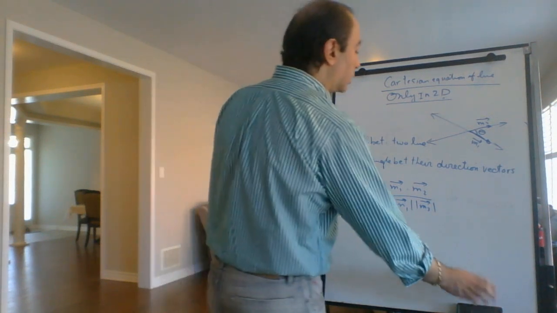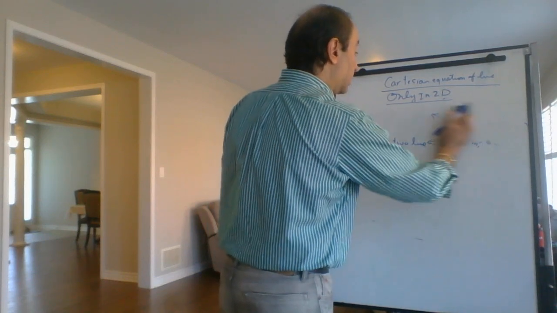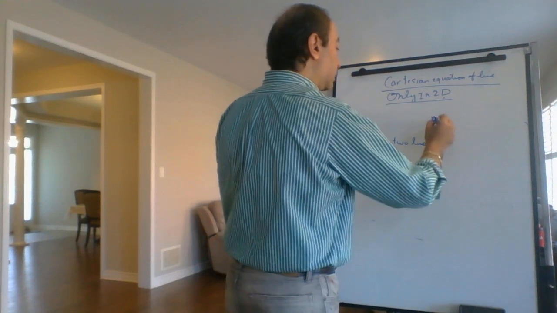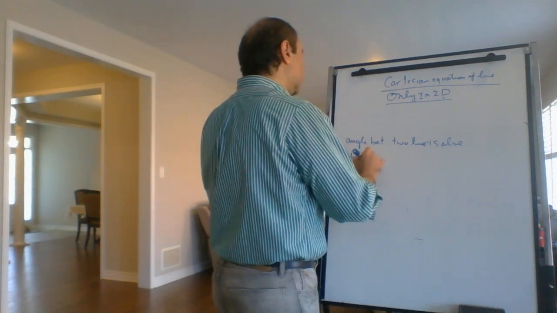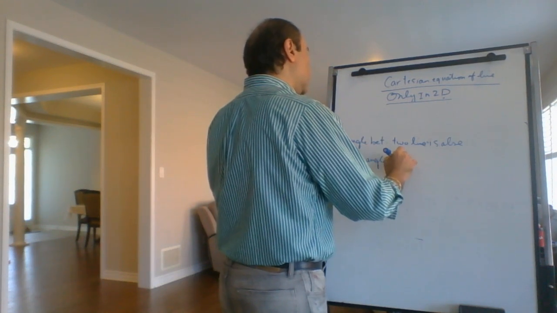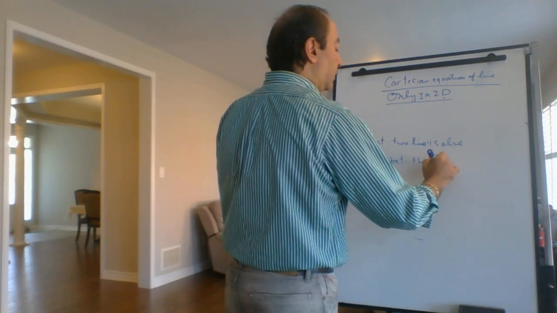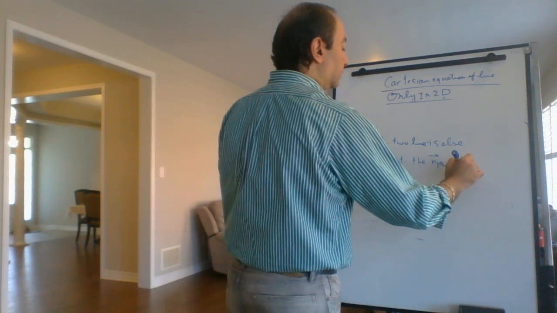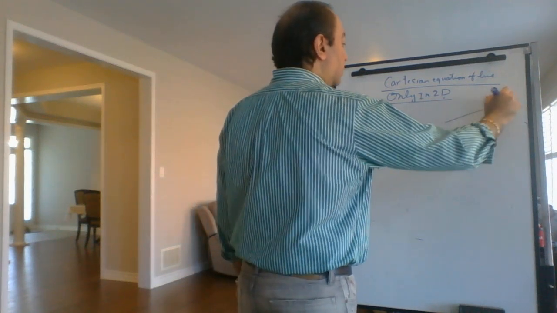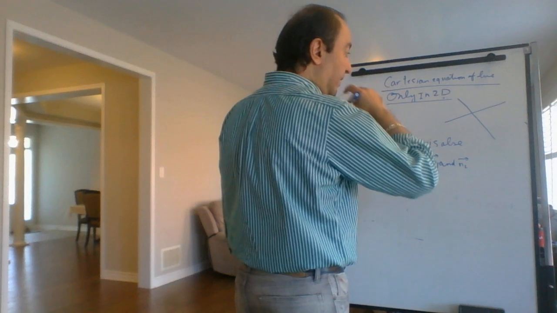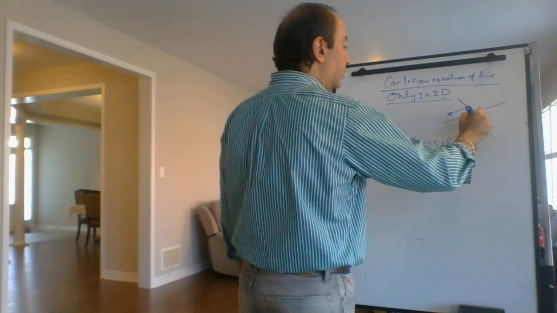Also, we can use the angle between their normal vectors, n1 and n2. So if I have two lines and I want to find the angle between them, I can find the angle between their normal vectors.